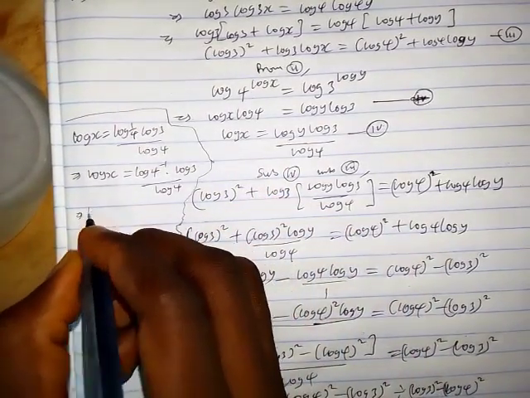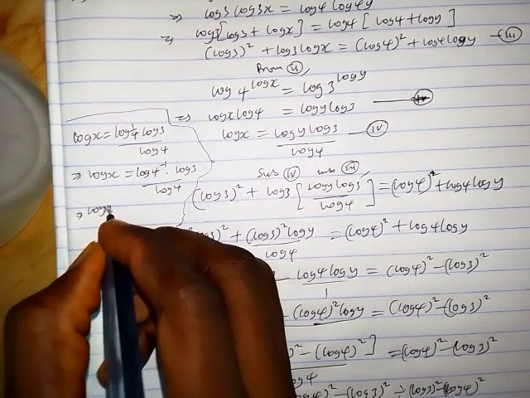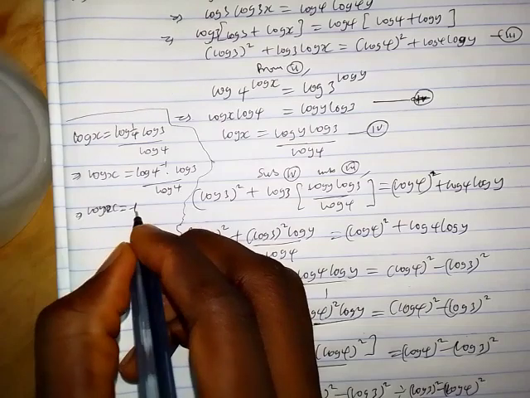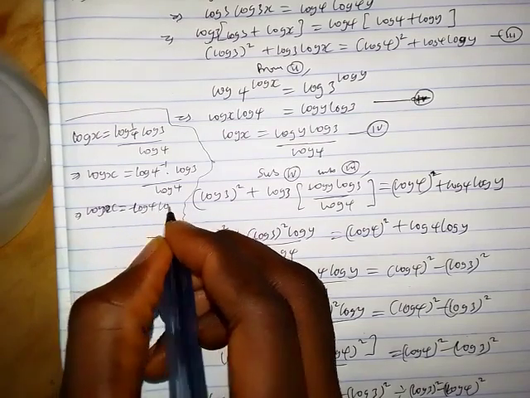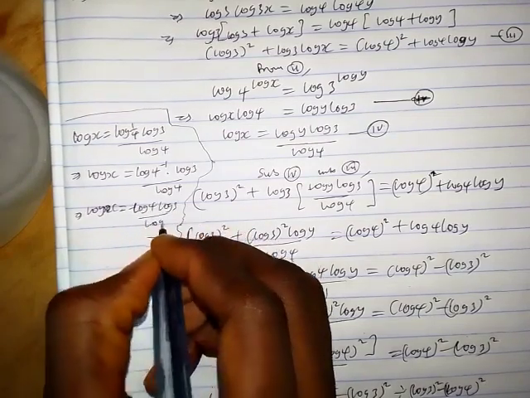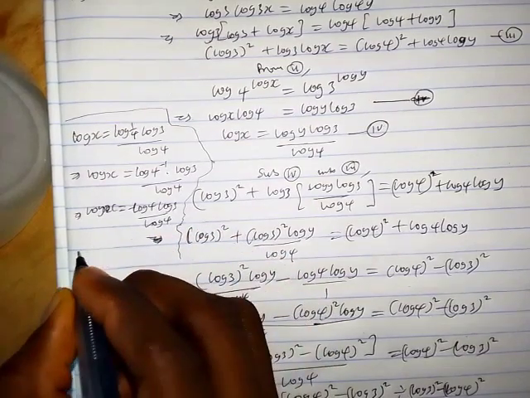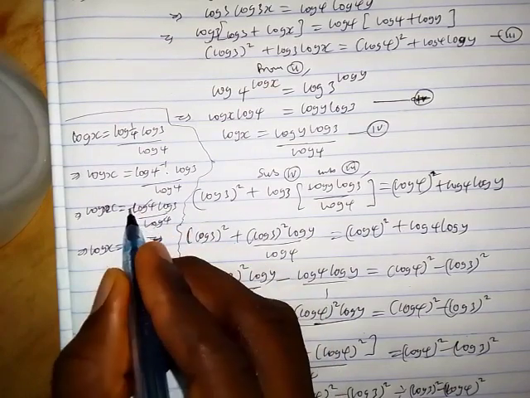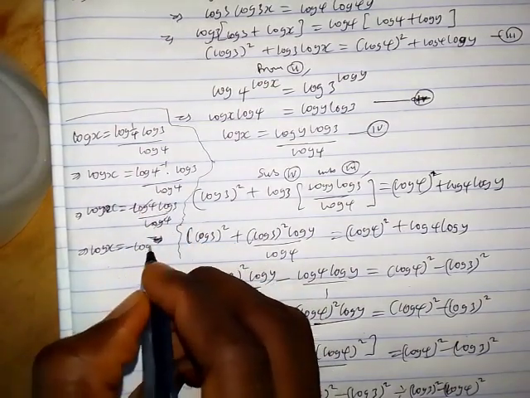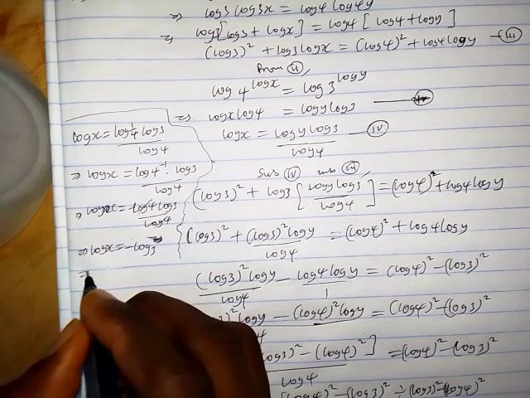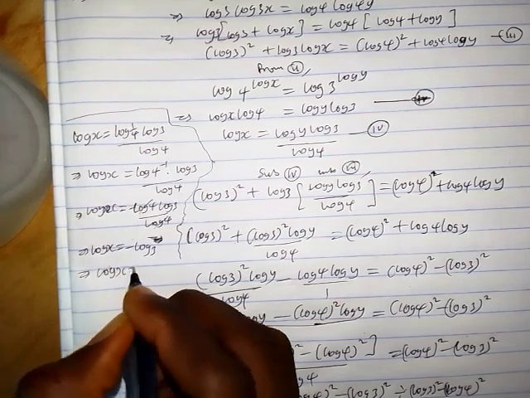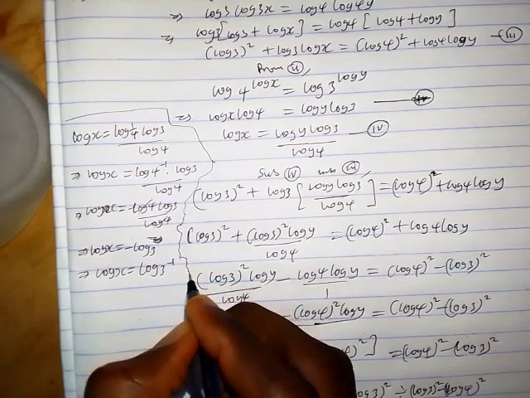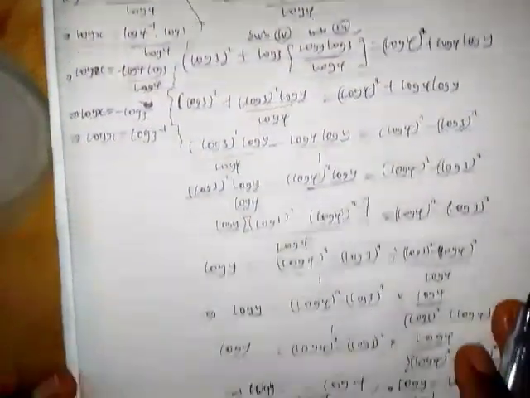So log x equals minus log 4 times log 3 over log 4. Log 4 cancels log 4, so we are left with minus log 3, which implies log x equals log 3 raised to power minus 1, like we did earlier.